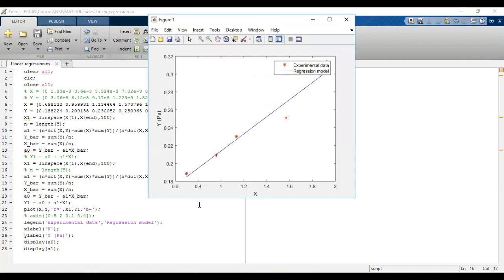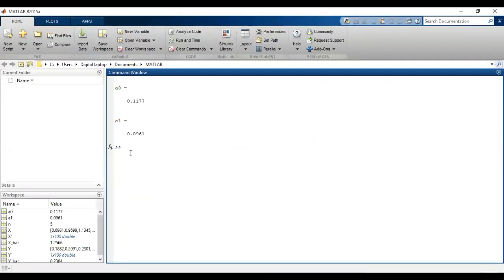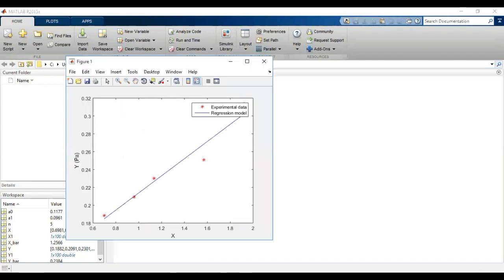Now I am running this code. Here you can see that these are our calculated values of a0 and a1 for this data set. This is our regression model, and these are our experimental data points. From this figure, you can see that this is the best model that fits this experimental data.